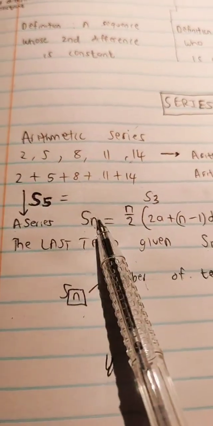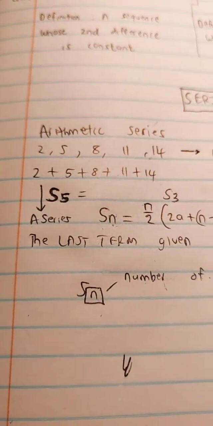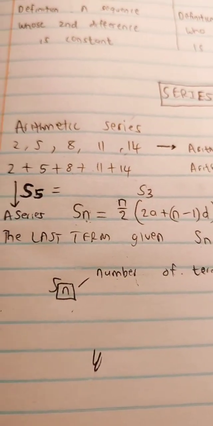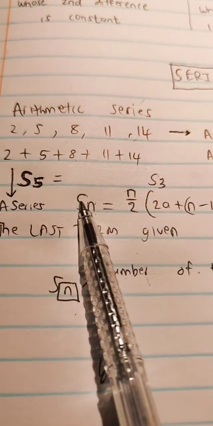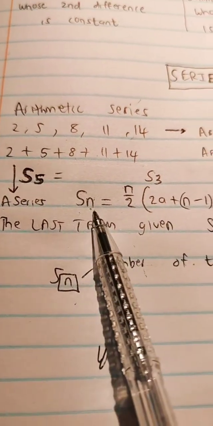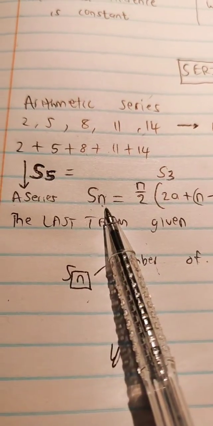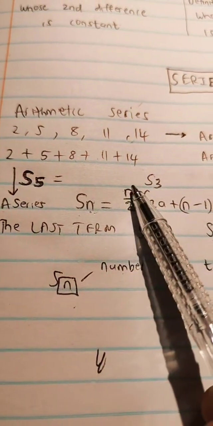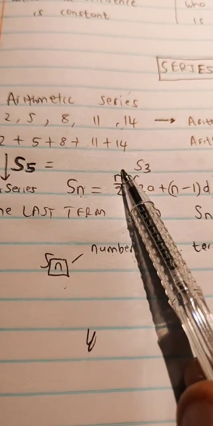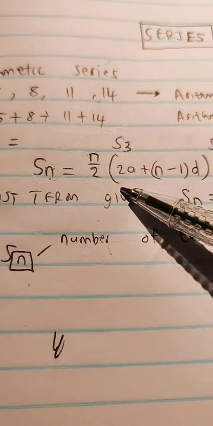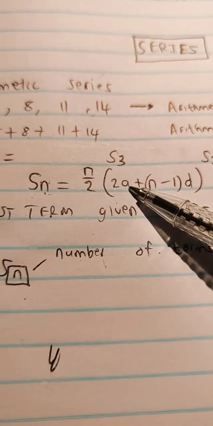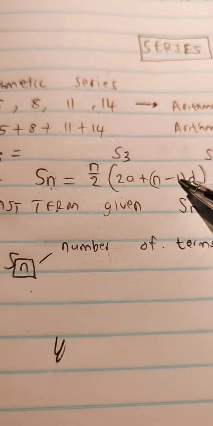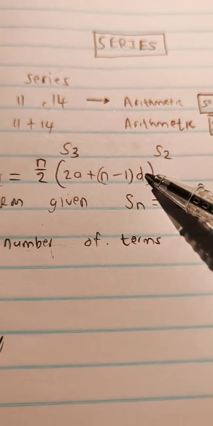So the formula that we use for the sum of the first n terms of an arithmetic sequence is this: Sn, the sum of the first n terms, is equal to n over 2, then a bracket, 2a plus another bracket, n minus 1, then we multiply it by d.